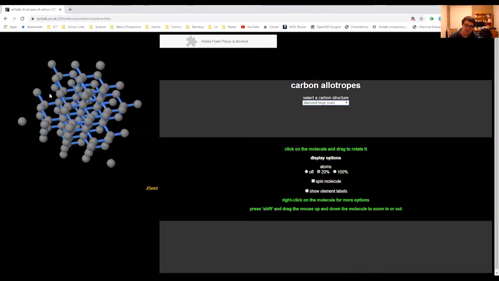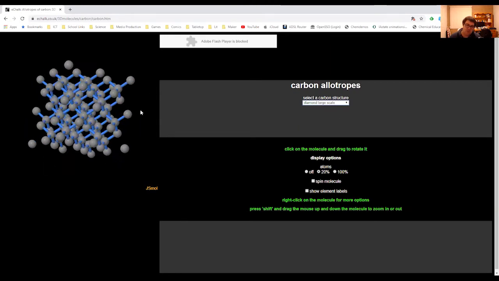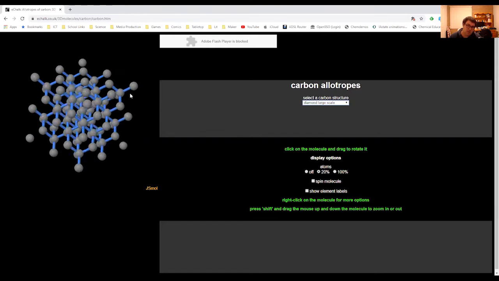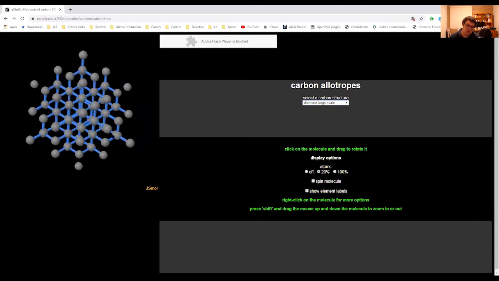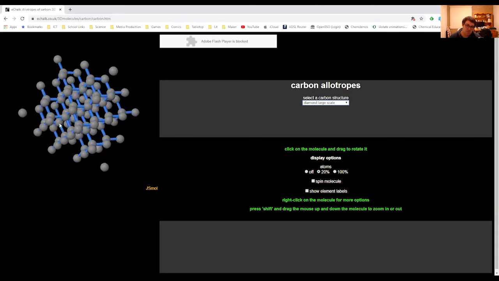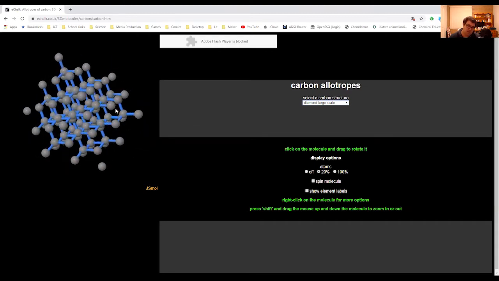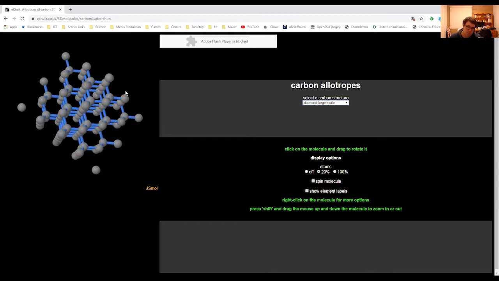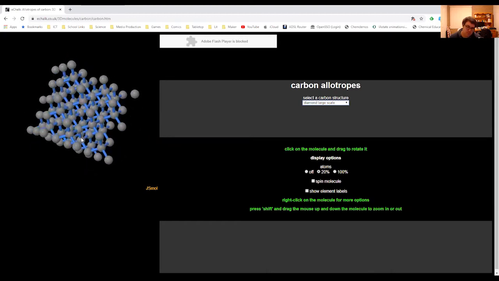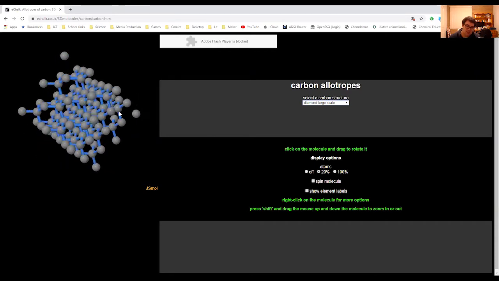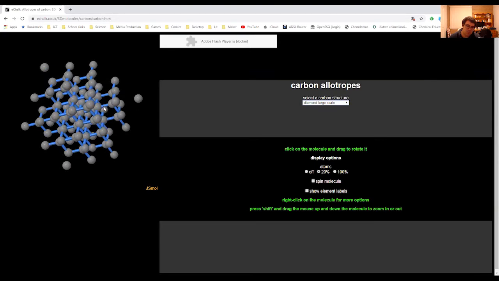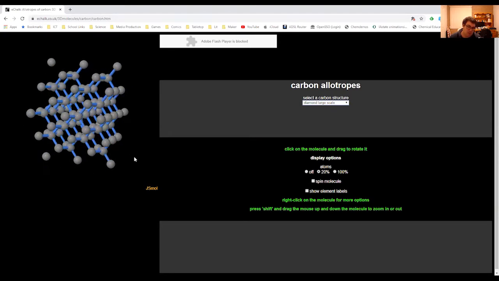You actually see the way in which diamond has carbon arranged in a full 3D network structure where each carbon atom is arranged in a tetrahedral network. It's part of the reason why diamond is so hard, because all of that structure is bonded together in one big massive covalent network.